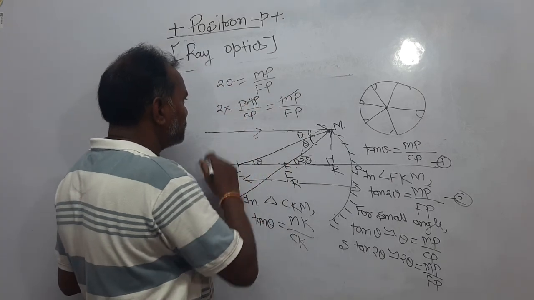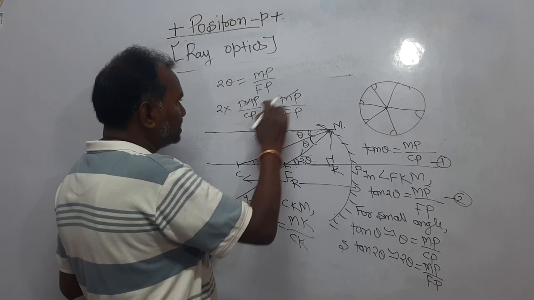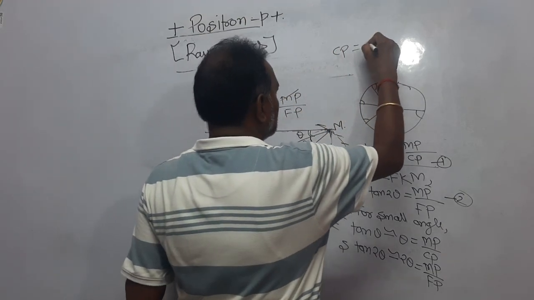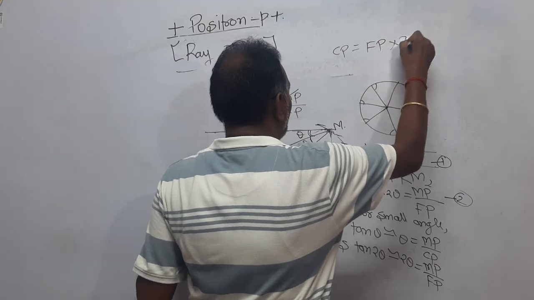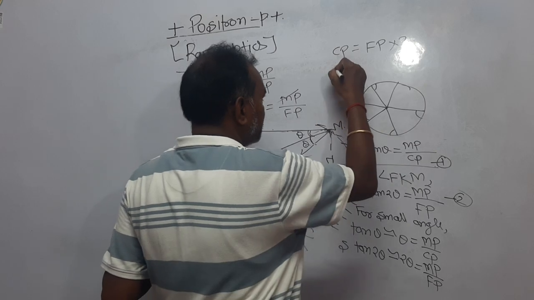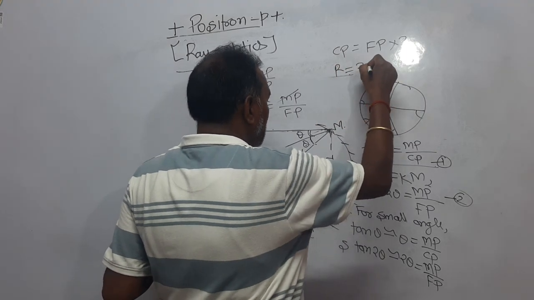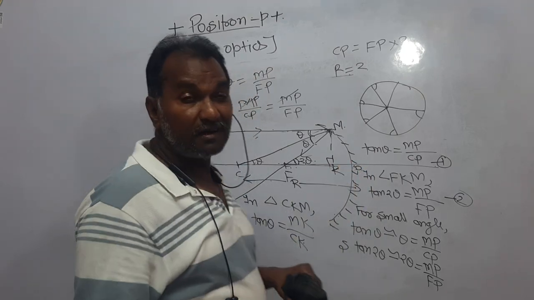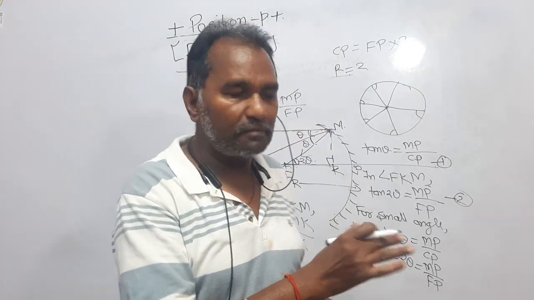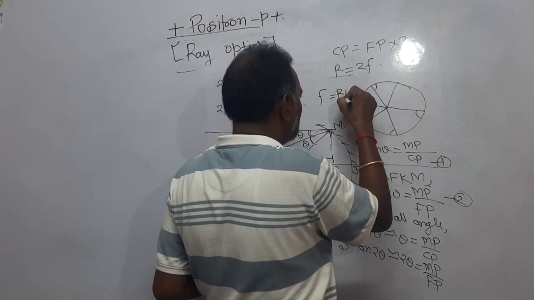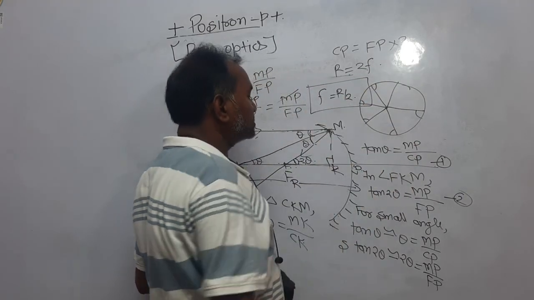Now MP will cancel, and dear student, CP you can bring to this side, and FP to this side. This is FP into 2 equals CP. The distance between the center of curvature and the pole is the radius, and this is 2 FP, the distance of the focus from the pole. FP is the distance of the focus from the pole, and that is the focal length f, and you can say f is equal to R by 2. This is the way you can prove that f is equal to R by 2.